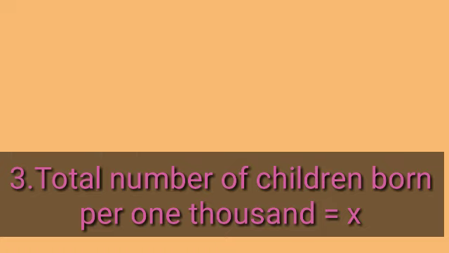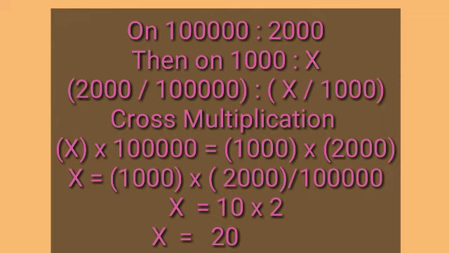Total number of children born per thousand, let us consider it as X. Solution: on 1 lakh, 2000 children were born. Then on 1000, let us consider X children were born. Thus we got the equation 2000 upon 1 lakh equals X upon 1000.